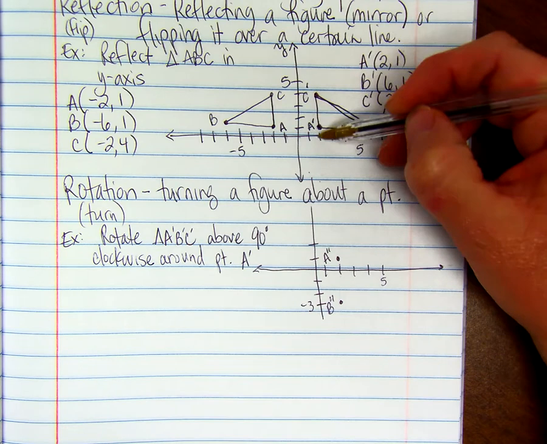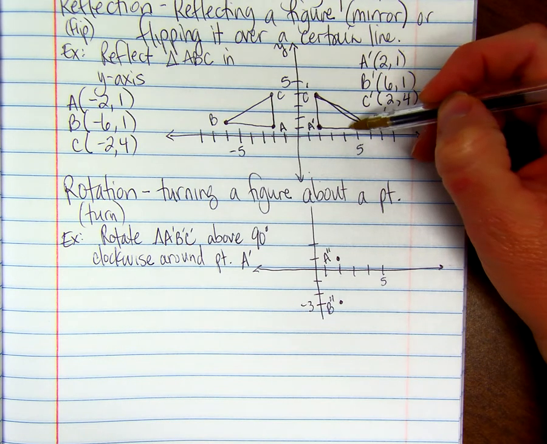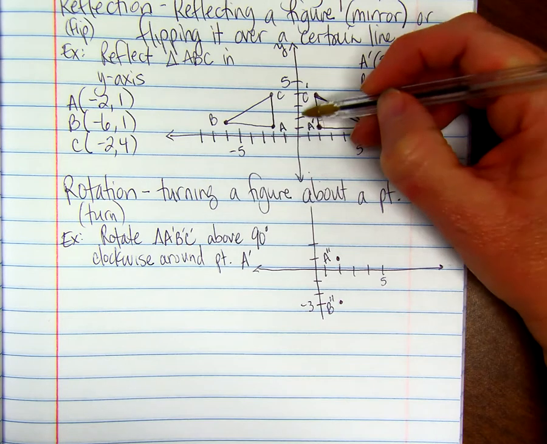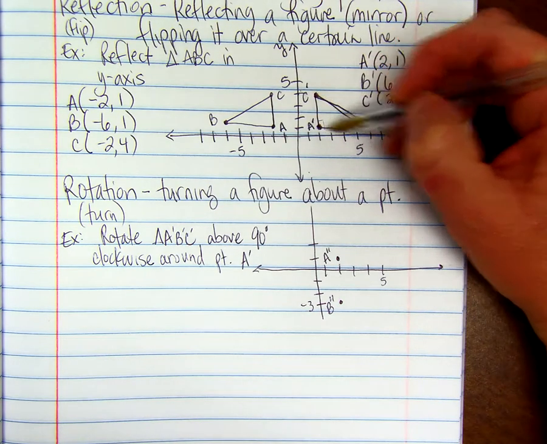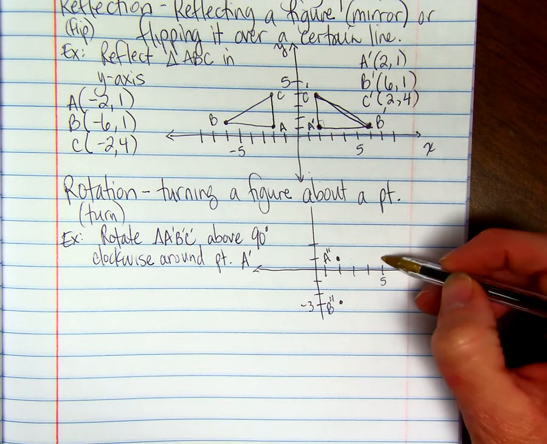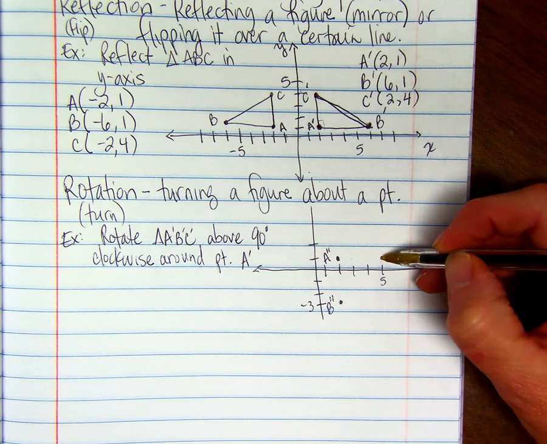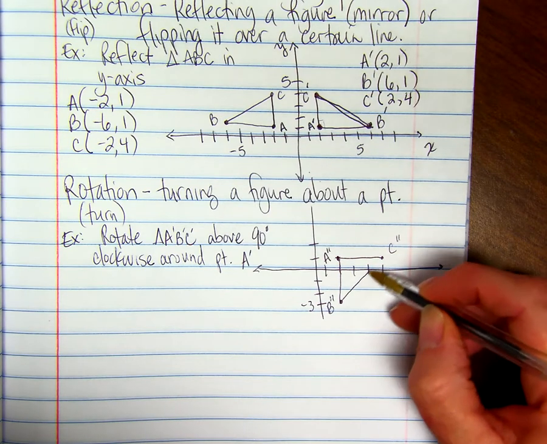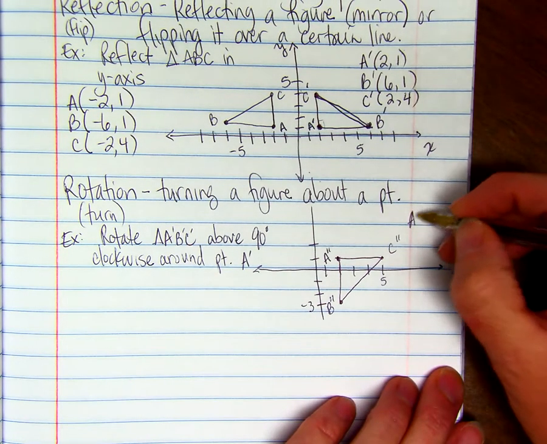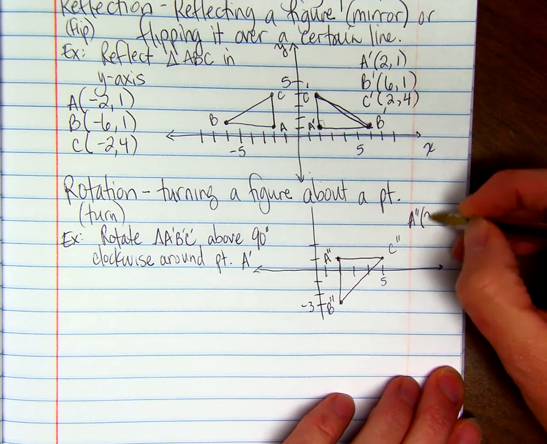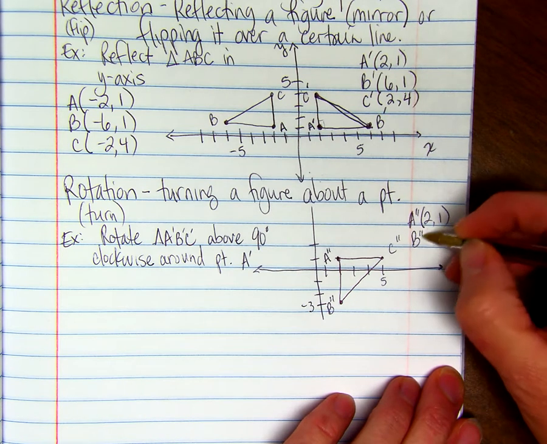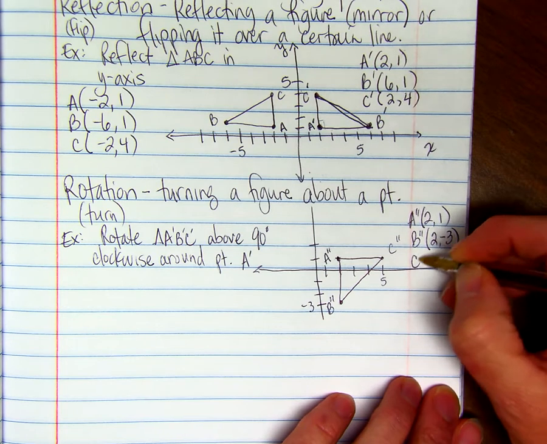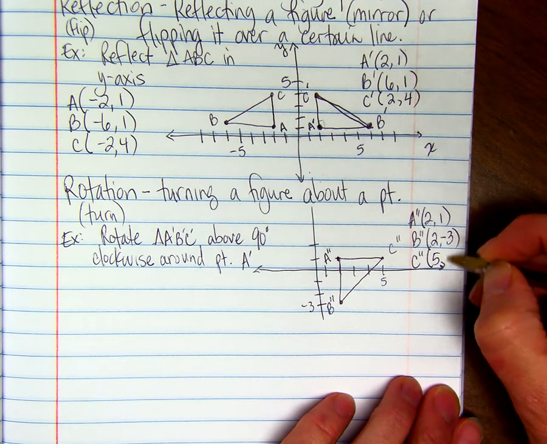Now C is going straight up, so we need to move it straight to the right because that would be 90 degrees from where it is now. It is 3 up, so I want to go 3 to the right. And that becomes my C double prime. So my points are A double prime is 2, 1, B double prime is 2, -3, and C double prime is 5, 1.